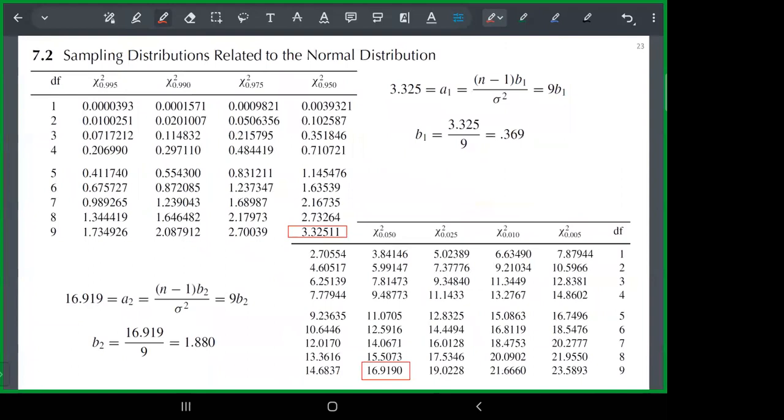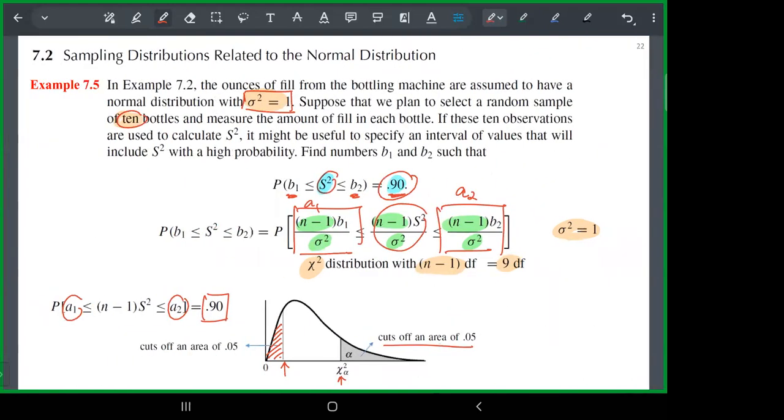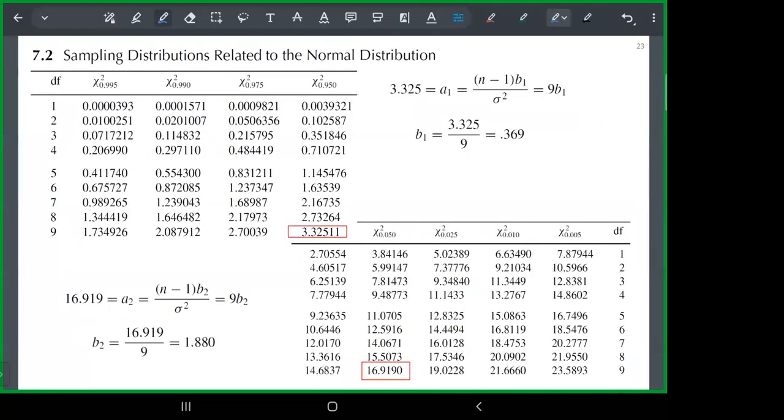Once again, the cutoff area is 0.05. From the chi-square table, the area on the left, this whole area I'm highlighting in blue, is going to be the same value again, 0.95. So I look up the table with chi-square of 0.95.